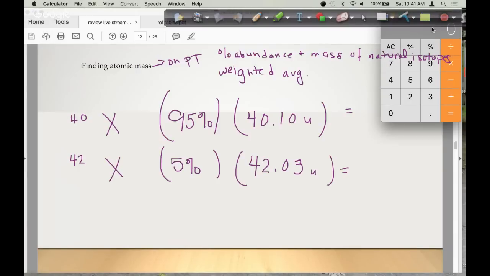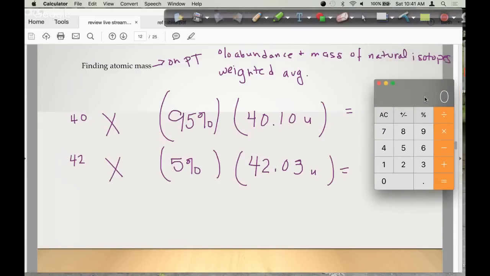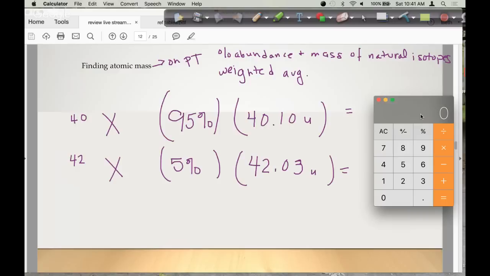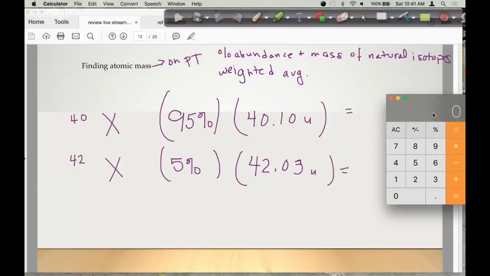So in order to multiply by the percent, you can either press the percent on your calculator or move the decimal point back 2 places. So I'm going to do 40.10 times 95%, and I get 38.095.